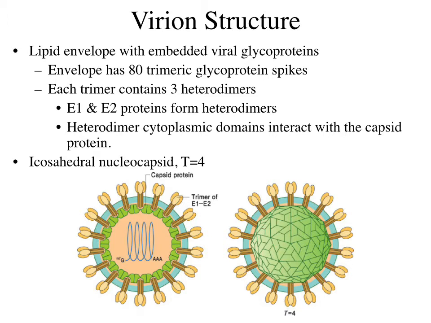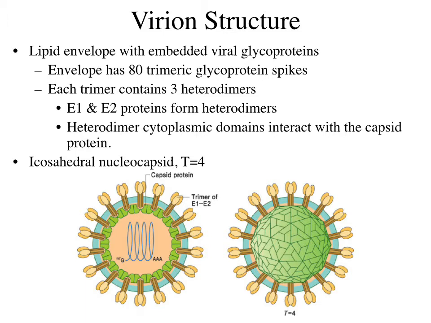Now, if you look at the structure of togaviridae, you can see that there are these large glycoprotein spikes. There's 80 of them in total, and if you look at the illustration here, you'll see that the capsid proteins are in direct contact with the envelope proteins.